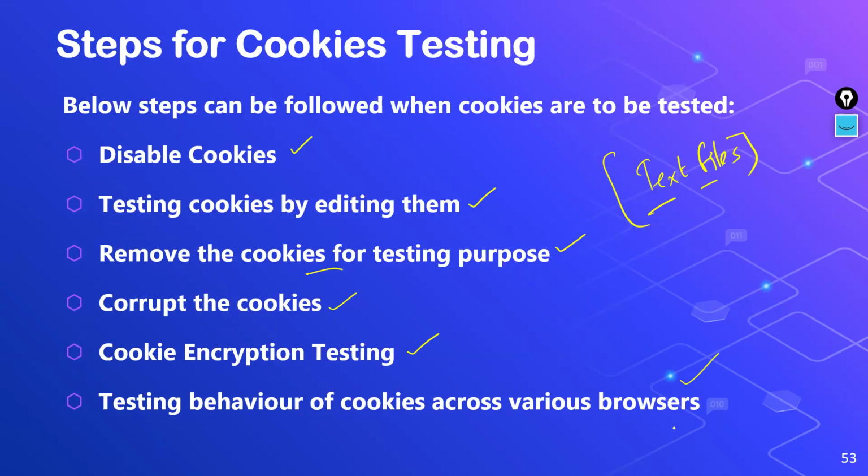But actually, every browser maintains its own copy of cookies. It's not something shared. Some of those are shared, but not every one. So you check the behavior of your application when the cookies are there and how different browsers are handling those cookies.